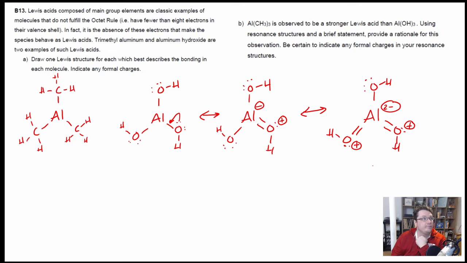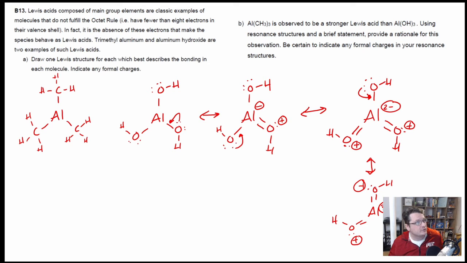The aluminum is now going into the extended octet space, which is fine because it's a third row element, so that's perfectly acceptable. And then we can keep on going, and now we have all double bonds, because we can have this guy come into here. Then we have positive formal charges on all the oxygens, and a 3- charge on that aluminum. Again, not necessarily the most stable of resonance structures or the most believable, but still technically valid.